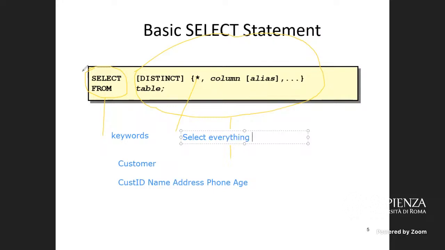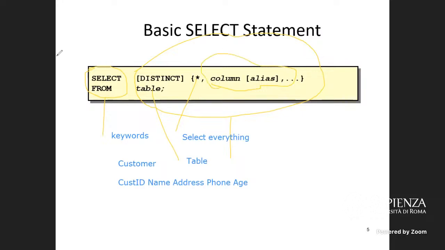You are selecting everything from a table. That's why you have the from here. So that's what we have here. You are selecting everything from a table, or we can select not everything, and select only some of the columns that we have here.